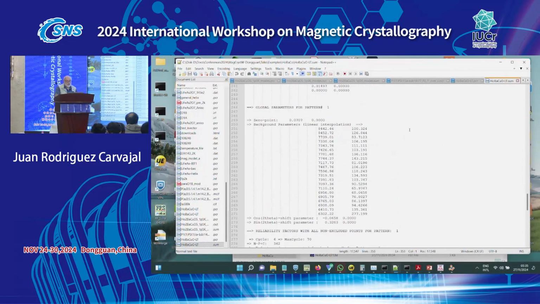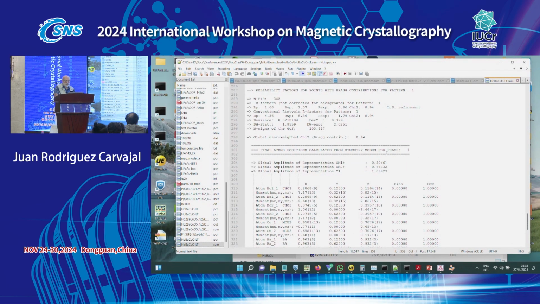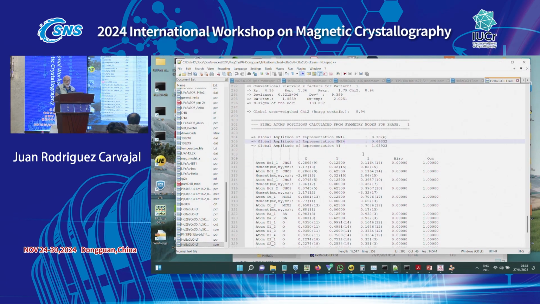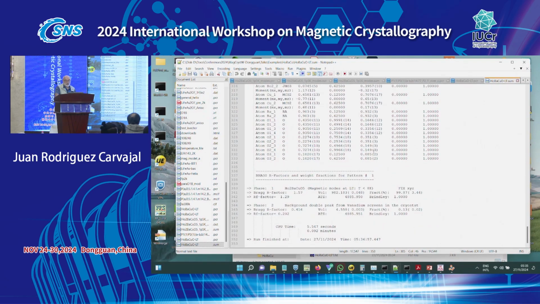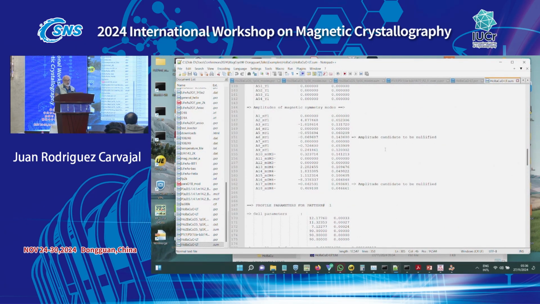And here, you have, for example, final atomic positions calculated from symmetry modes. We have here the global amplitude representation GM1. This is global amplitude representation I1, etc., etc. Different things. But let me just see. Well, you see immediately amplitude candidate to be nullified because the sigma is much bigger than the other.